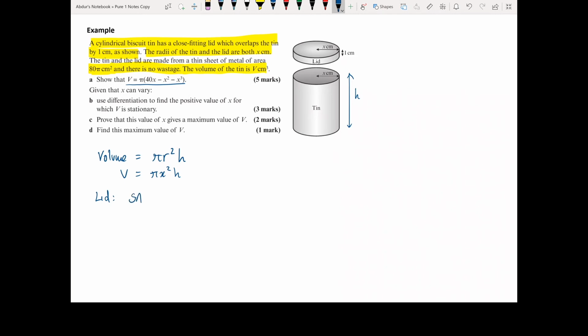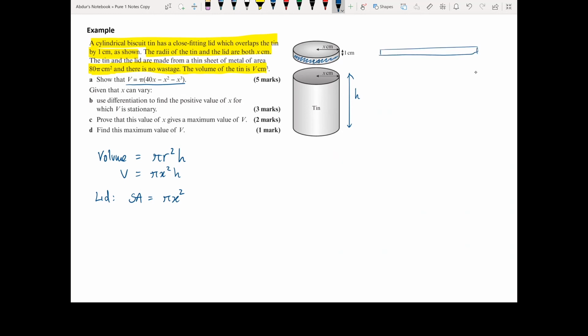So I'll write down surface area is equal to, well, it's made up of a circle, so it's got pi x squared. And then we've got this curved surface area, which is this bit here of the lid, which goes all the way around. And that surface area is essentially the circumference times that height, 1. Because if you were to open that up, that would be a thin rectangular strip.